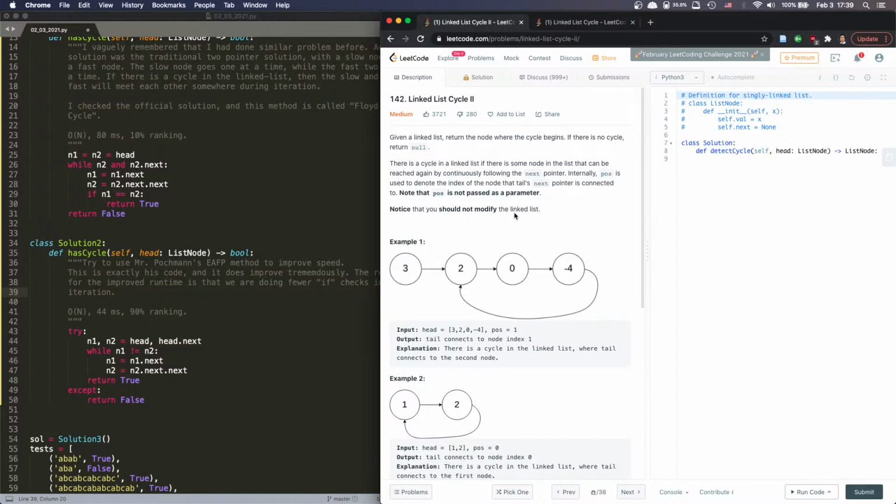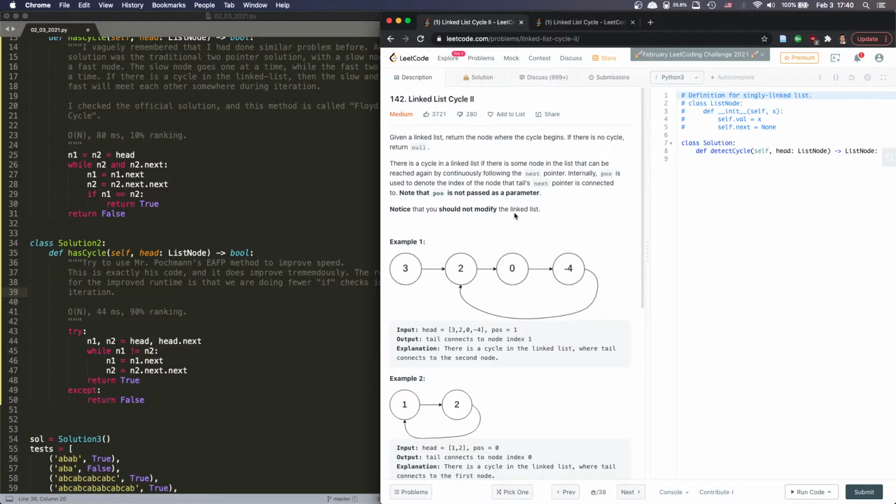Now, what we know is the amount of nodes that the slow node goes inside the loop is x minus m, and that shall equal to... hold on, what is your n? I actually don't know what that n is.